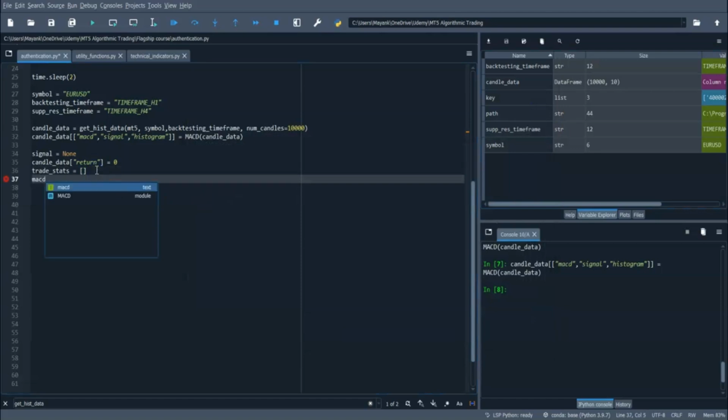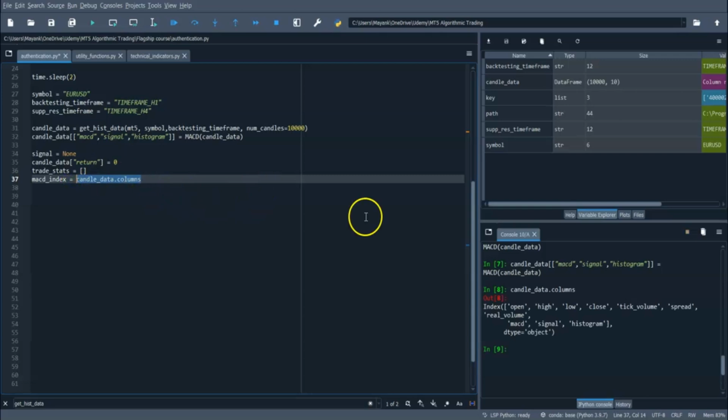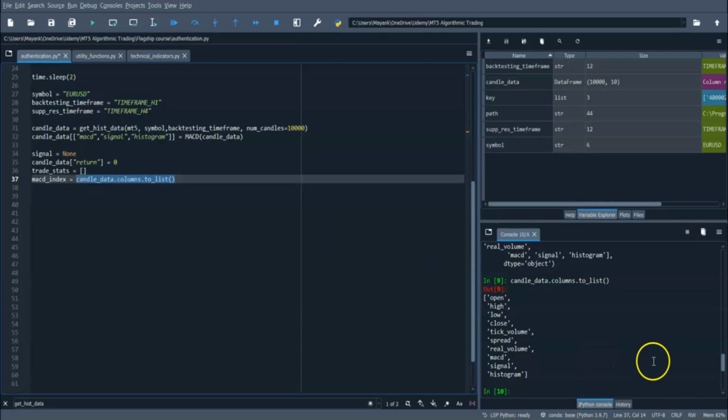So MACD index is equal to candle data dot columns. If I run this, I'll get all the columns that we have. I'll convert this to a list. So now the same thing that you're seeing here will be in a list, which is much easier to work with.